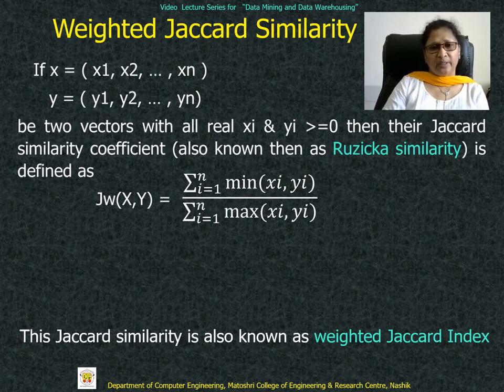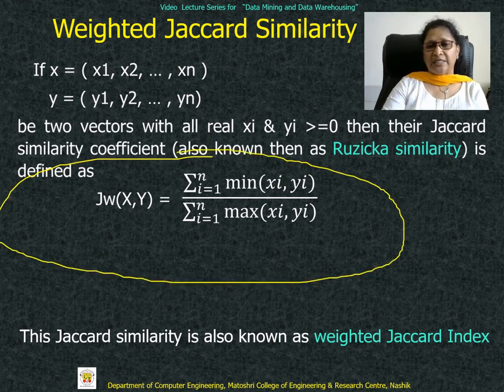Given two sets, say x and y, with values x1, x2 up to xn, y1, y2 up to yn, with all real values xi and yi greater than or equal to 0, the Jaccard similarity coefficient is computed as J_w(x,y) equal to the summation of minimum of xi and yi divided by the summation of maximum of xi and yi. This is named weighted Jaccard similarity.